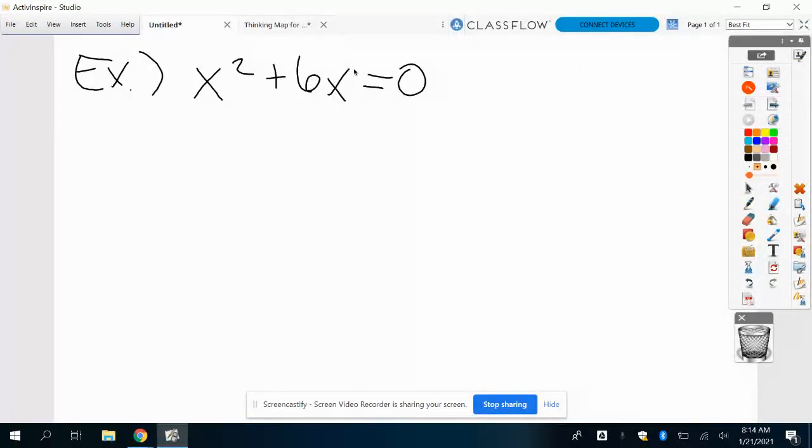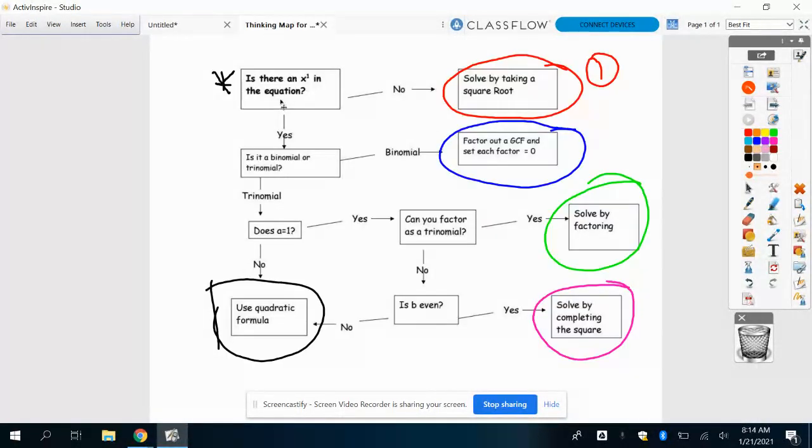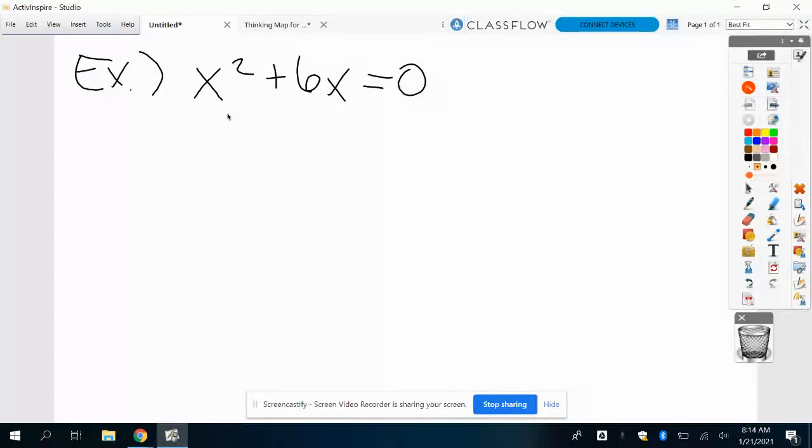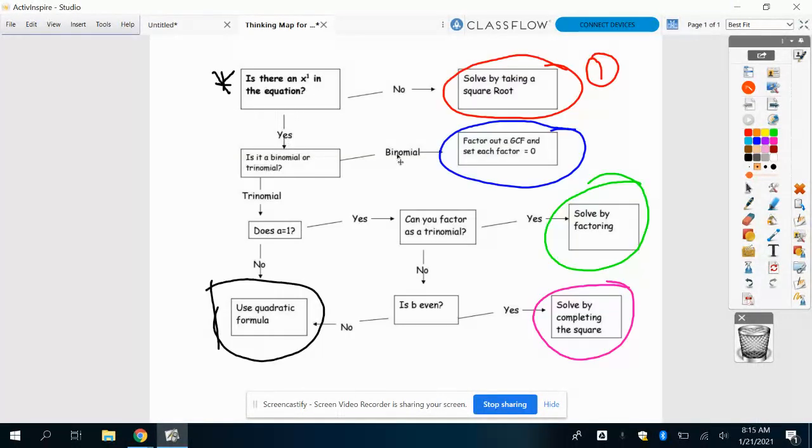Yes, there is, right here. So we want to look at yes. Is it a binomial or a trinomial? Does it have 2 terms or 3 terms? Well, if we look, we have 2 terms, x squared and 6x. So that's a binomial, so we want to look here.